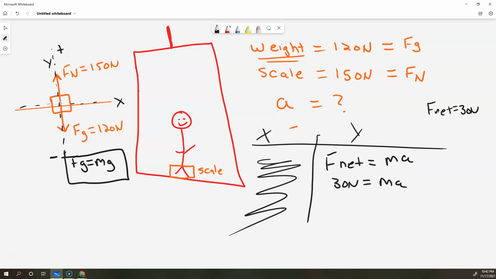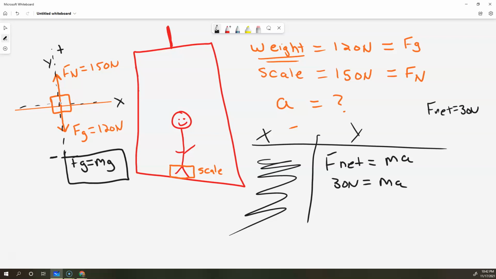We know that Fg equals mg. Since I know Fg is 120 newtons, I can solve for the mass, because if you're taking Regents physics, g is on our reference table. If you're taking AP physics, g is on our reference table. If you're just taking physics in general, little g, the acceleration due to gravity, is something we should know on the Earth. It's about 10. For the purposes of this video, we're just going to call it 10.